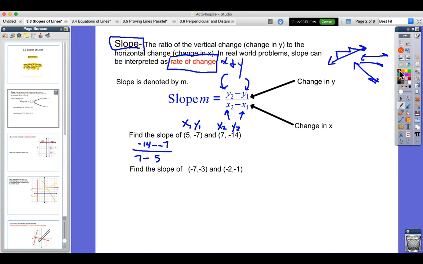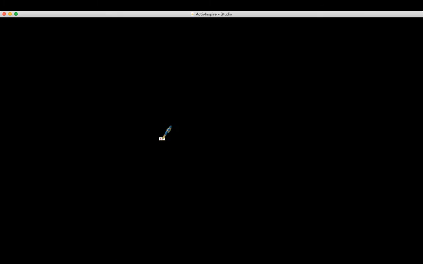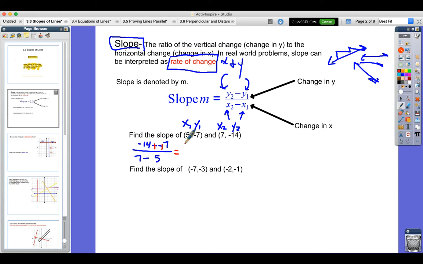Here we have minus a negative, which becomes positive. So we get -14 plus 7. Opposite signs subtract, which gives us -7, over 7 minus 5, which gives us 2. So our final answer is -7 over 2. This is our slope.